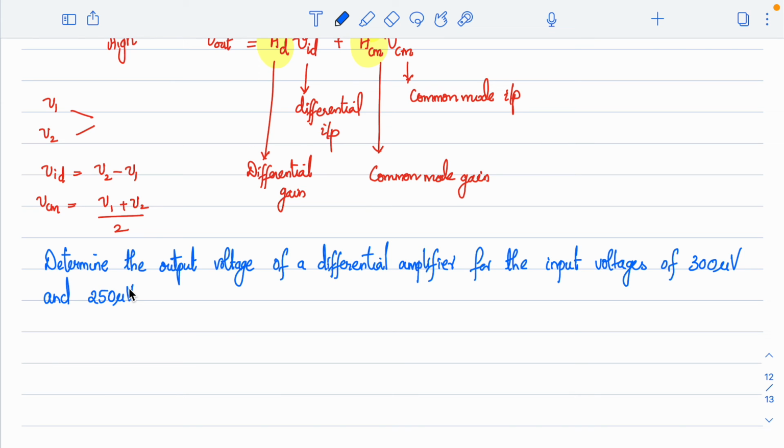There are two input signals. One is 300 and another one is 250 microvolt. The question is to find the output voltage.